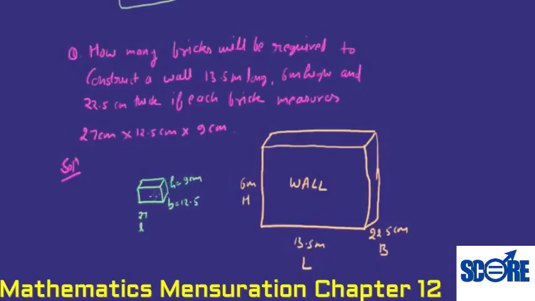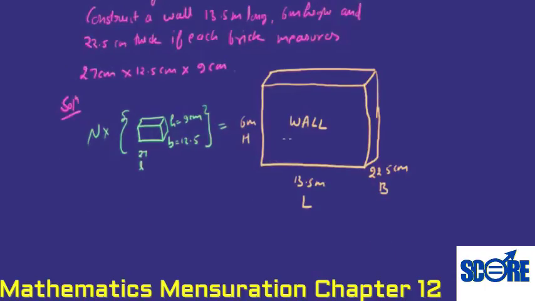Now with the help of this brick we have to construct this wall. So we have to find how many such bricks are required. Let me suppose that n bricks are required to construct this wall. So their volumes must be equal. The volume of this brick is L into B into H, and the volume of this wall is capital L into capital B into capital H. So we have to equate their volumes.